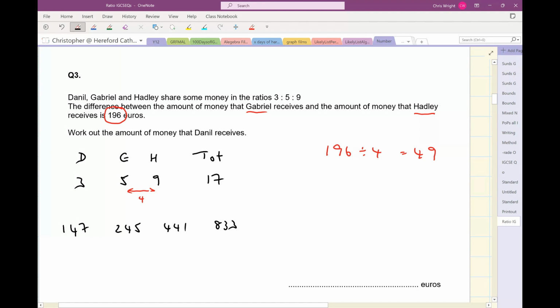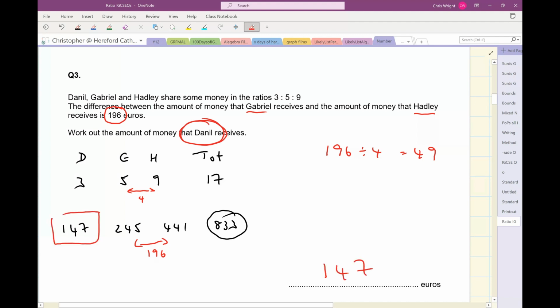So in fact, they're going to share out this many euros. That means that the difference between G and H is 196, but importantly, it means that Daniel receives 147.